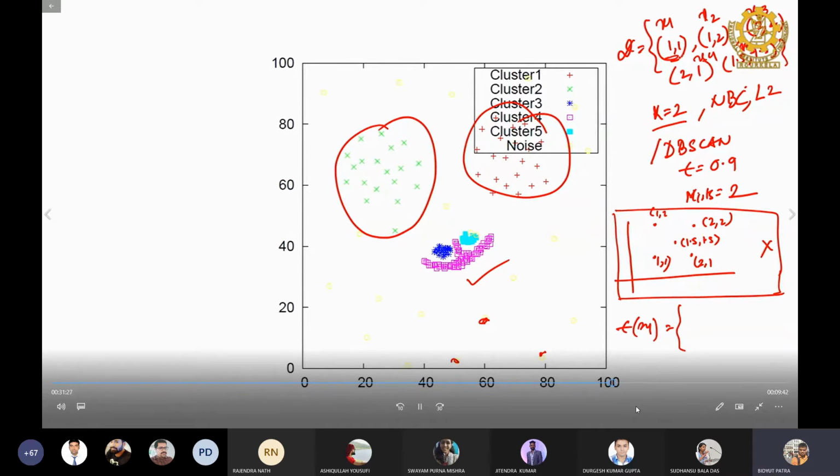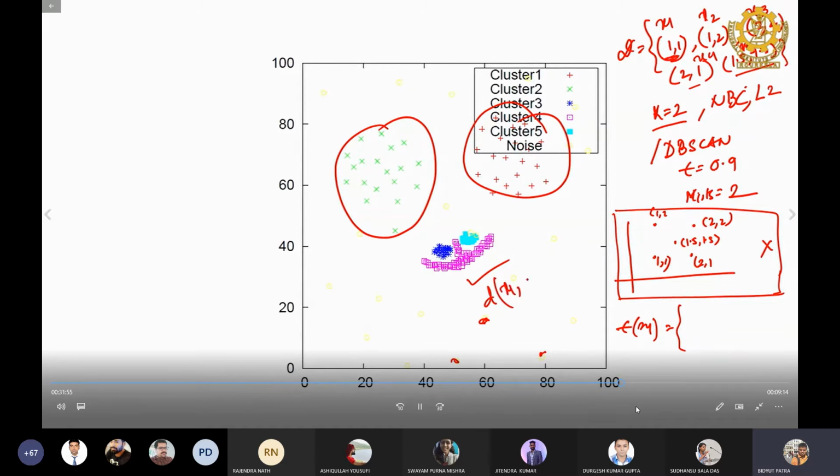Then you compute the distance from x1 to x3. That is also 1, so it won't be included. Then x1 to x4, that is the same. And the distance from x1 to x5, what will be the distance? Not 1, I am not taking the L1, it is the L2 distance.